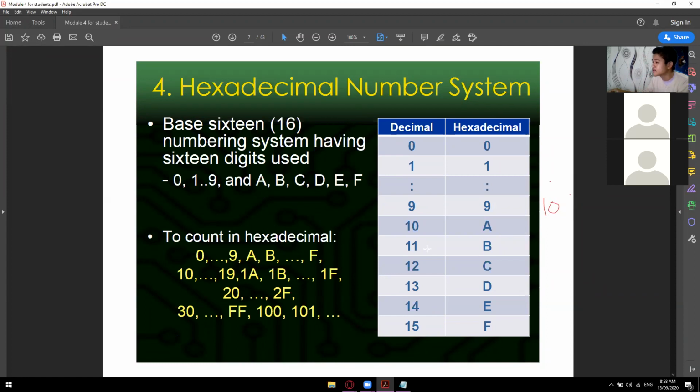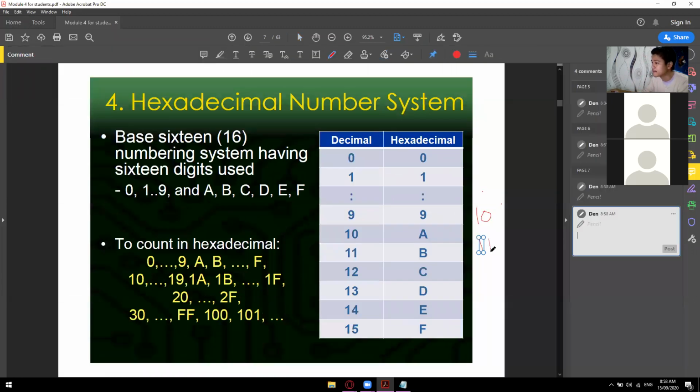Okay. So ganun din sa number 11 natin. Yung computer natin, hindi niya ito mababasa as 11. So kailangan meron dapat siyang another representation.